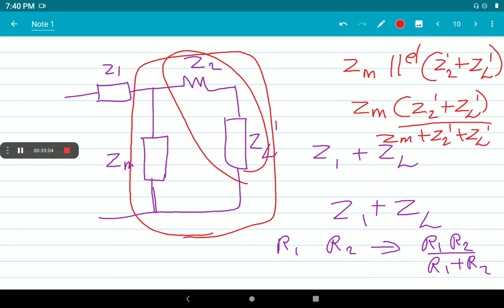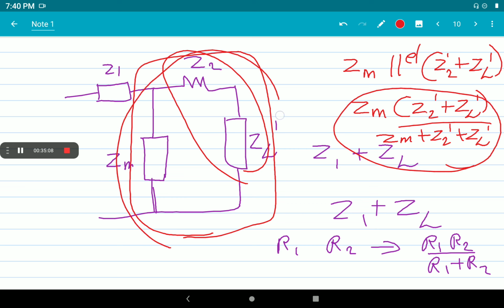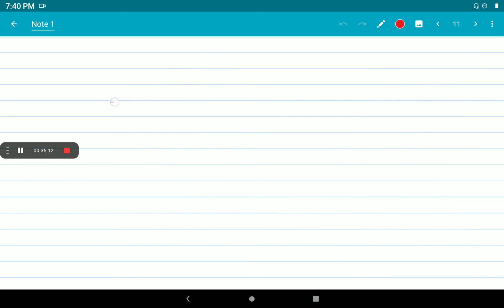Then this component of impedance is in series with Z1. So Z1 is in series with this equivalent impedance.